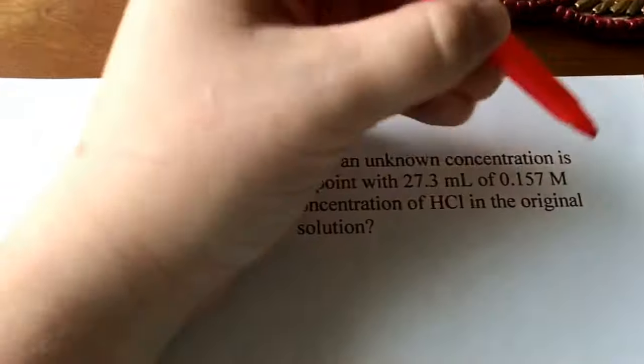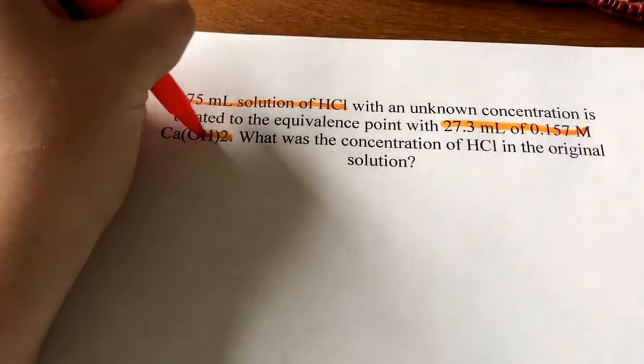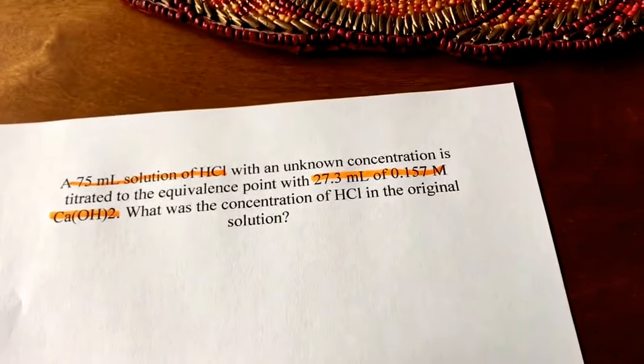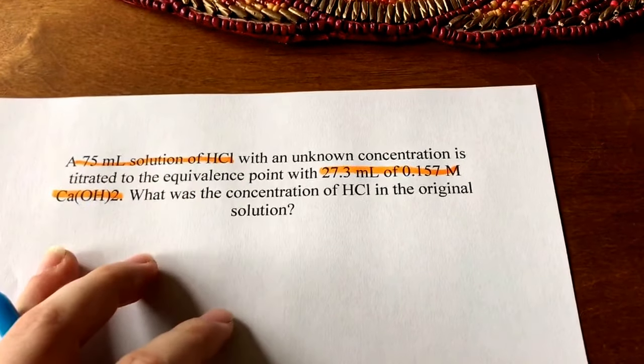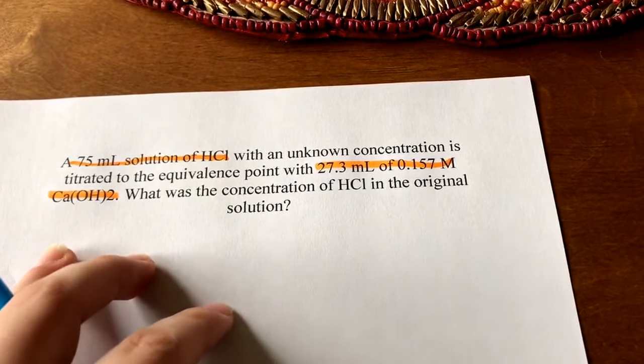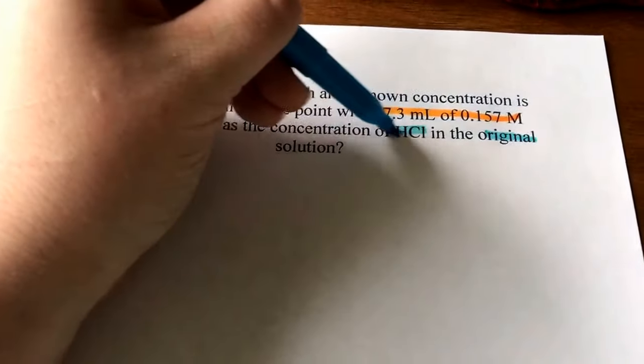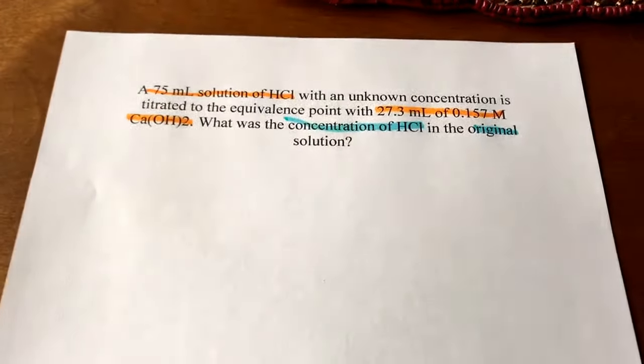So we're going to highlight that. And then this last sentence tells us what we're trying to find. What was the concentration of HCl in the original solution? So we're looking for the original HCl concentration.